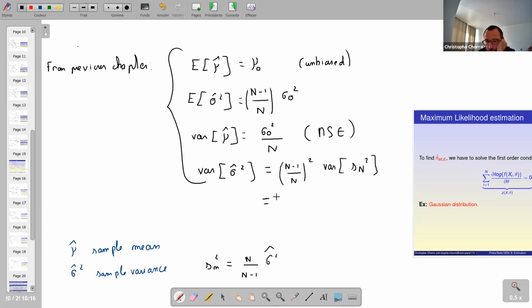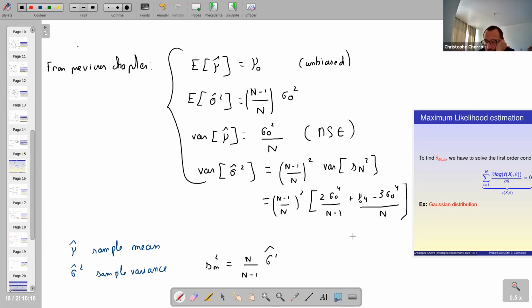I give you the formula: n minus 1 over n squared, times 2 sigma 0 to the power 4 over n minus 1, plus mu 0,4, the centered fourth order moment, minus 3 sigma 0 to the power 4, over n.